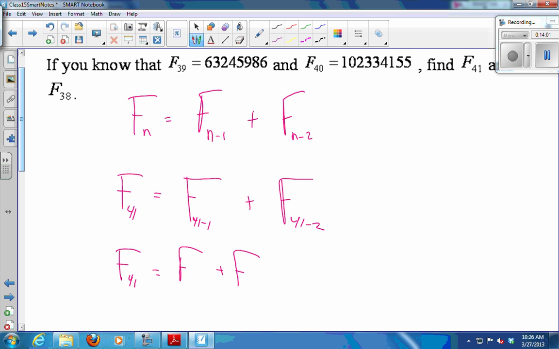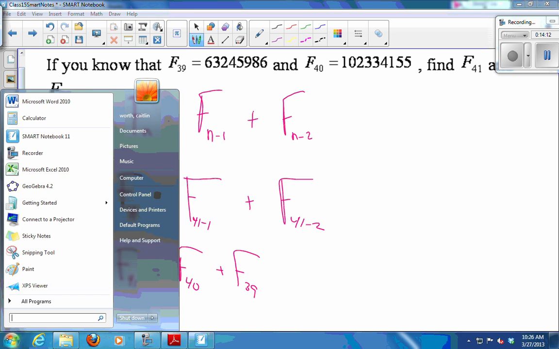So F41 is F40 plus F39, which I happen to know. I was given those two numbers, so I add them up. Use a calculator.